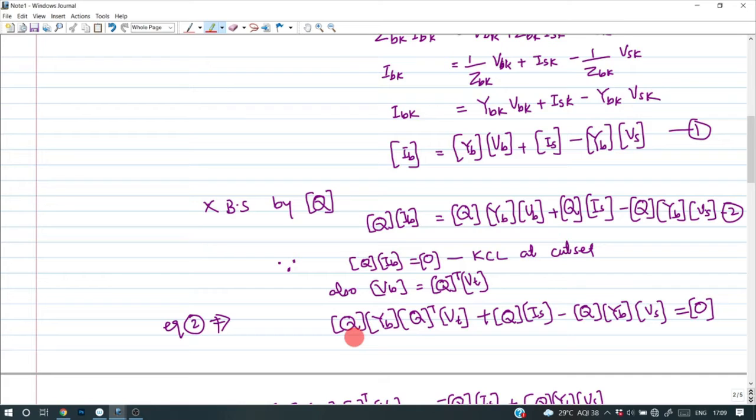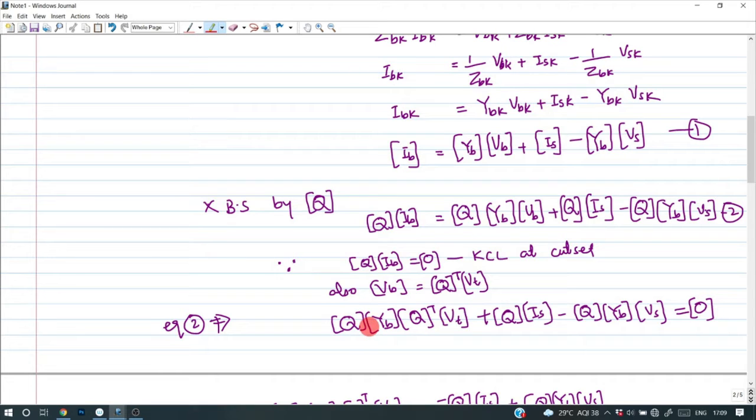What is the size of the Q matrix? Number of fundamental cut sets by number of branches. So the size of the multiplication of these matrices is number of fundamental cut sets by number of fundamental cut sets, n minus 1 by n minus 1. Number of fundamental cut sets is equal to n minus 1.